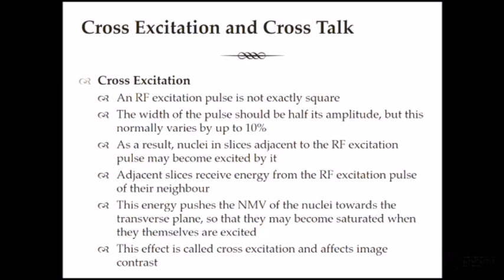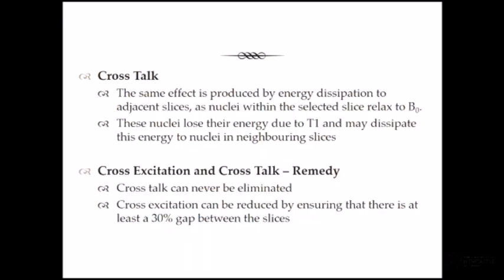This energy pushes the net magnetisation vector partially into the transverse plane, and then when we excite the slice next to it, there's a little bit of residual magnetisation that's been left there, and therefore a bit of partial saturation. The same effect is produced by energy dissipation in the adjacent slices.